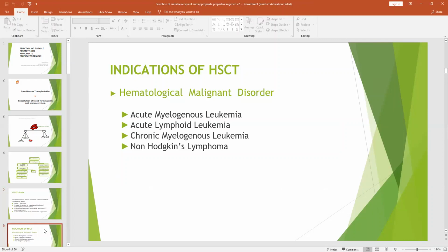And indications of HSCT: there are two types, that is hematological malignant disorders and non-malignant hematological disorders. The hematological malignant disorders are acute myeloid leukemia, acute lymphoid leukemia, chronic myeloid leukemia, non-Hodgkin lymphoma.